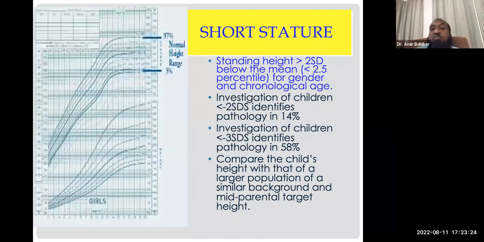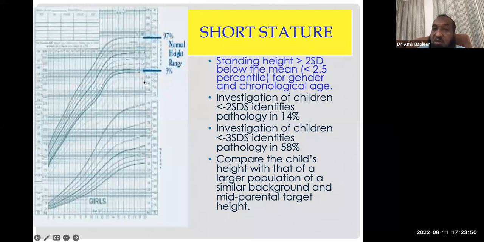So that tells us, we have the centiles, and the best option is to have population-friendly centiles. If you have these centiles from America, for example, that means you are comparing Sudanese children with American ones. If you use it in Saudi Arabia, the same. If you have Saudi charts, then that's more population-friendly.